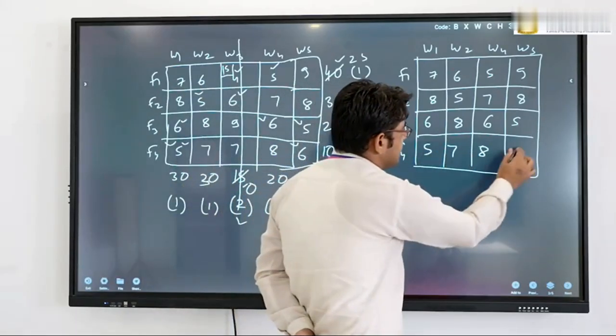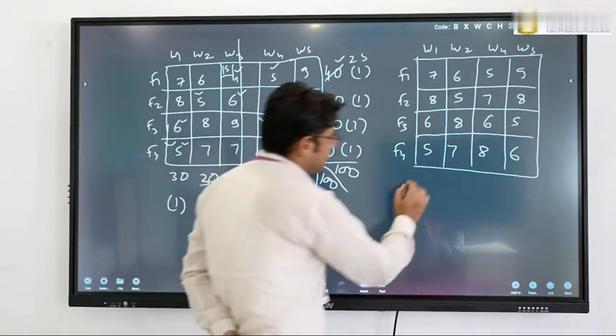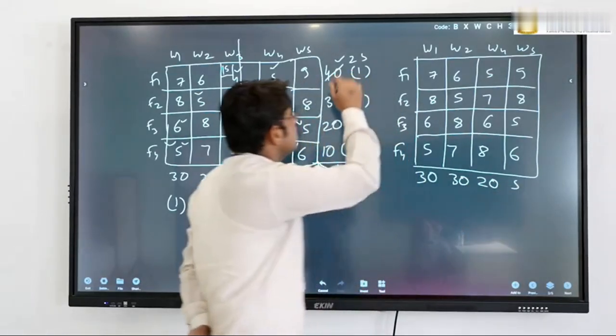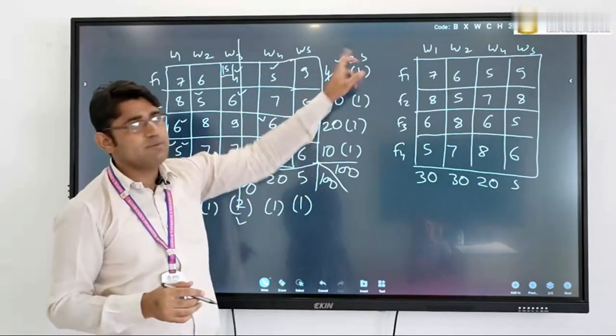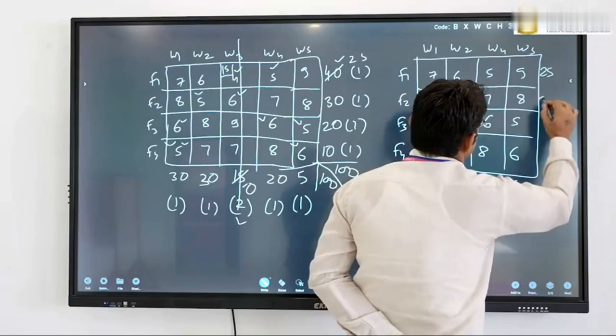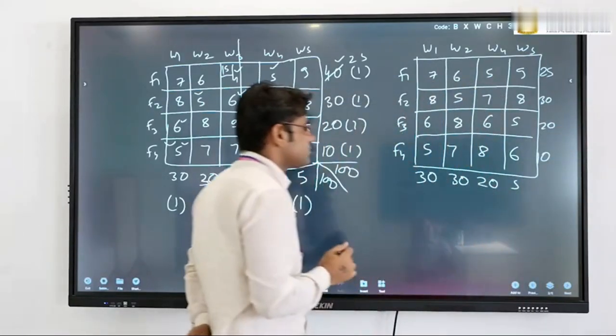The demand is 30, 30, 25, 30 and supply is, here supply is remaining 25, so right here 25 and 30, 20, 10.